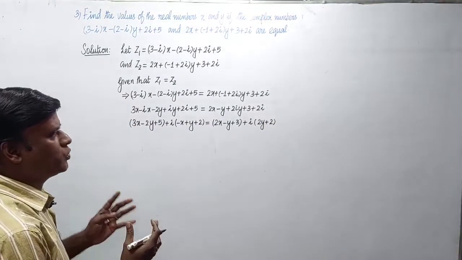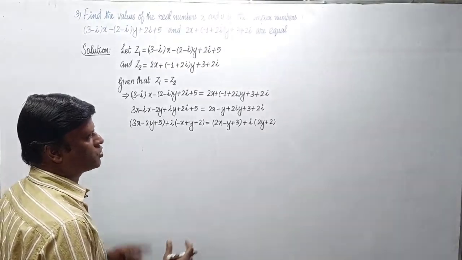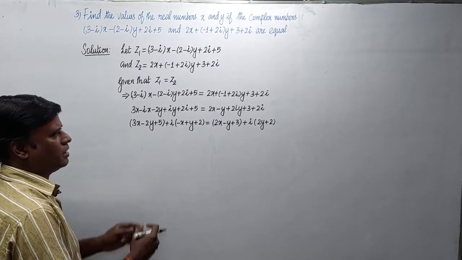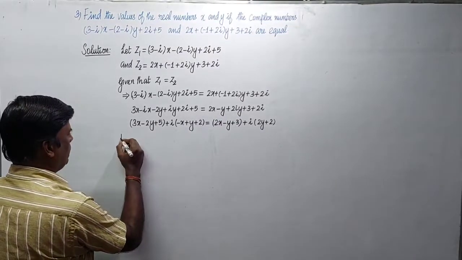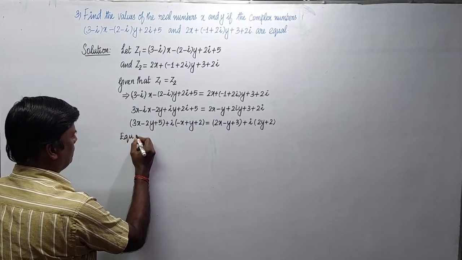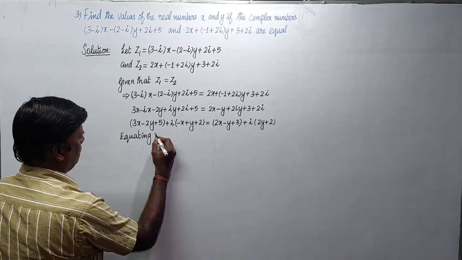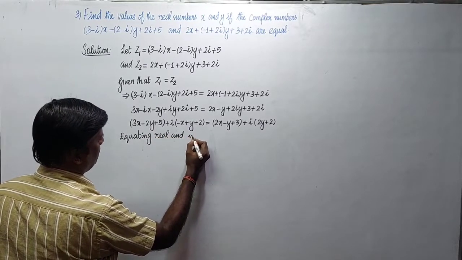So now we are going to equate the real and imaginary parts on both sides. We are going to equate the real parts separately and we are going to equate the imaginary parts separately.